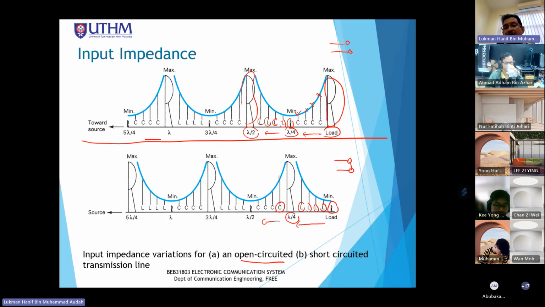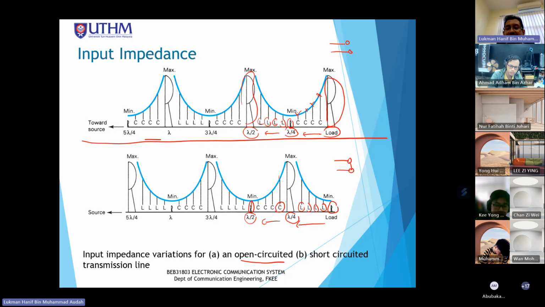The capacitance is more dominant until we reach the lambda over 2 distance, and the input impedance has a more resistive value. So this is how the transmission line behaves in terms of parameters.